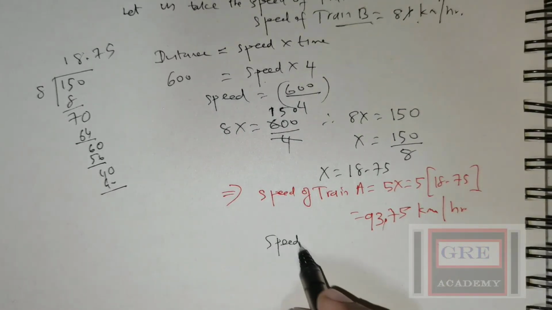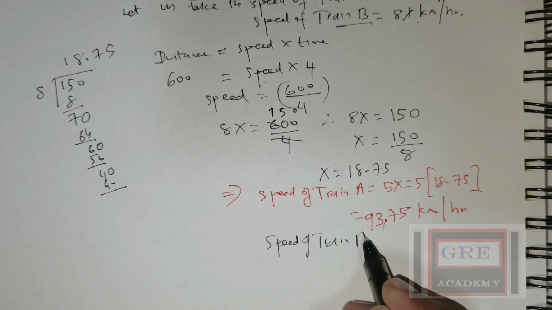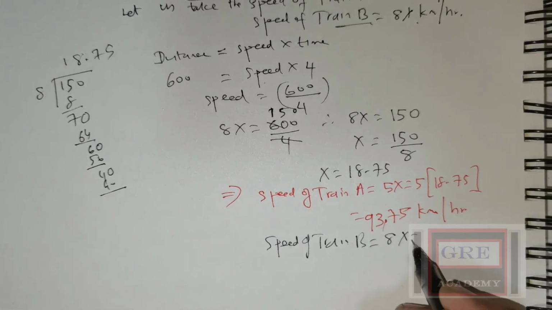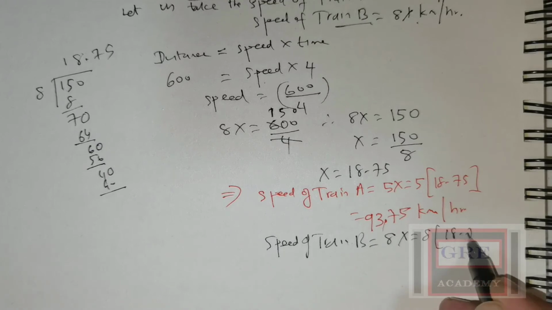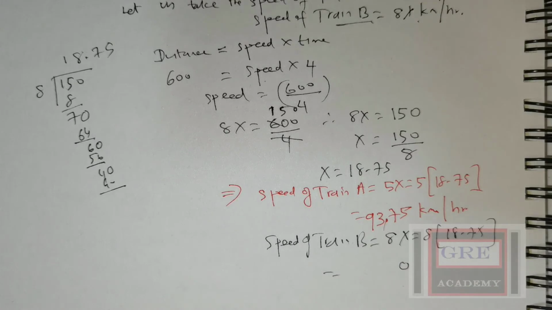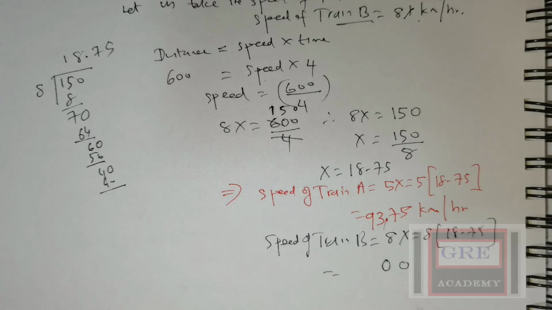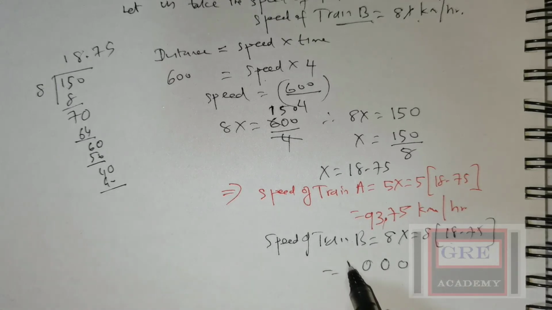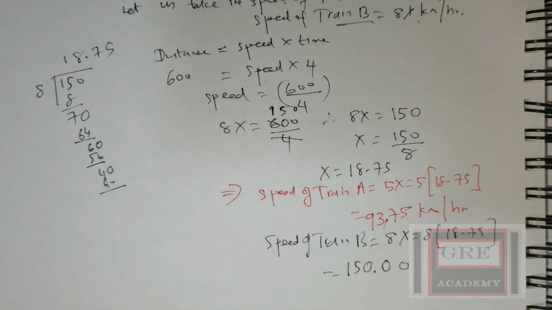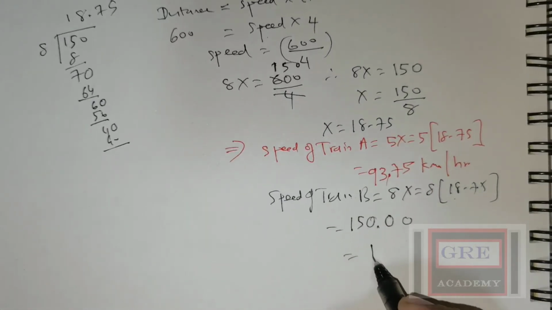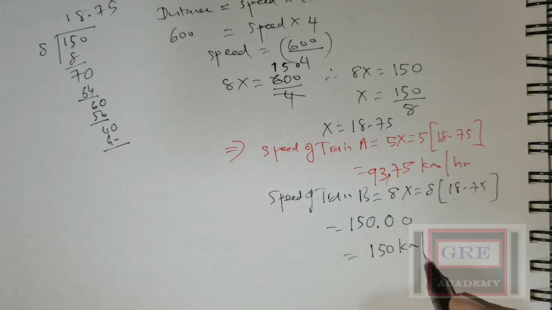So the speed of train B will be 8 times x, which is 8 times 18.75. That is going to be 150 kilometers per hour.